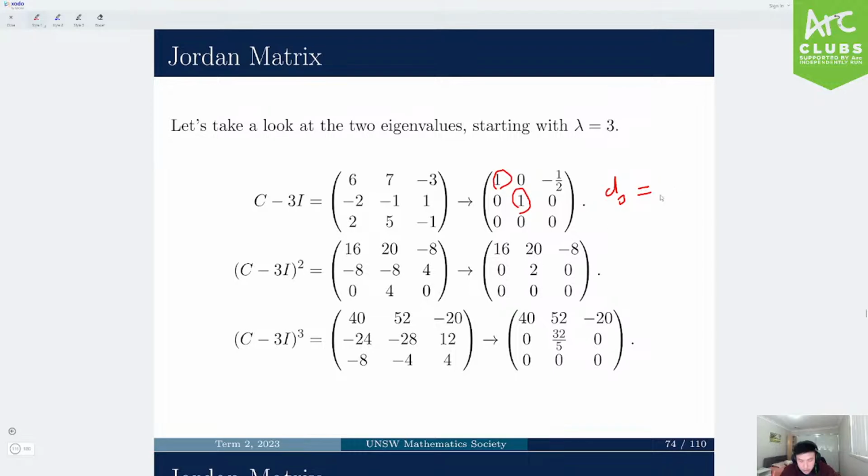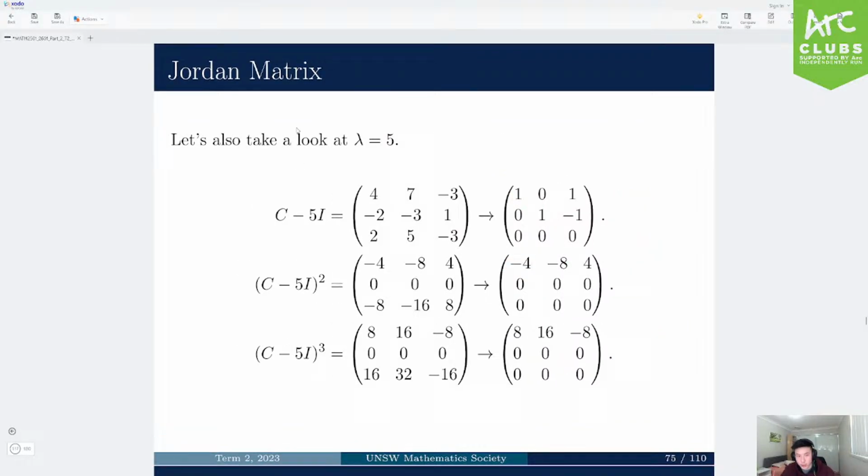D of 0 is always going to be 0, so d of 1 is going to be 1. If we take (C - 3I) squared, and we reduce it down to this matrix here, notice again we have 2 leading columns, which means the rank is 2, nullity is 1. And again, (C - 3I) cubed, we have 2 leading columns again, rank is 2, nullity is 1. This should be d3. Okay, and all going to be 1s.